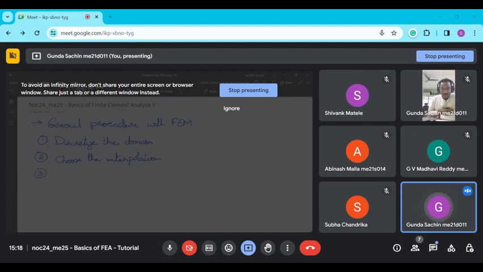Third part is to write the weak form of the equations. You can do this by multiplying the error with the weight functions, and then you can use the UV integration rule to reduce the order of the derivative.